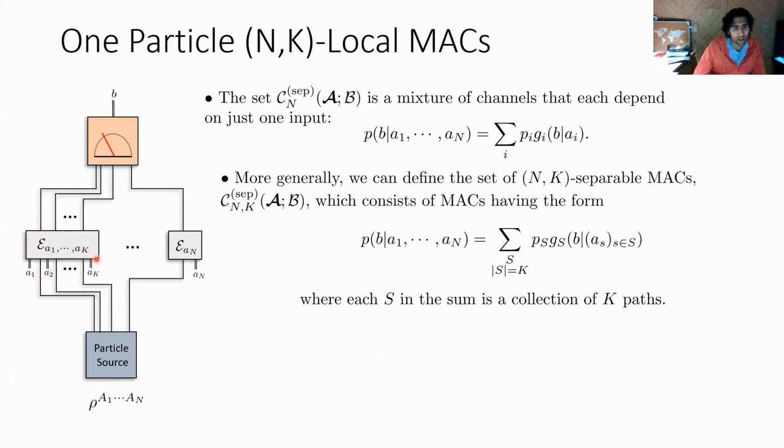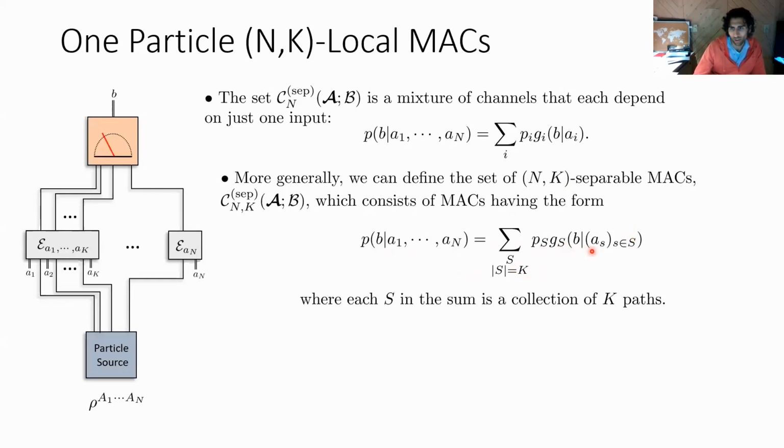Okay, and so for any integer between 1 and n, say k, then we fix the number of parties that we allow to jointly encode. And then we build the channels up like that. So basically this GS, this object here, what this means is that it's a channel defined by subset S. So S is some subset of parties with no more than k parties in it.